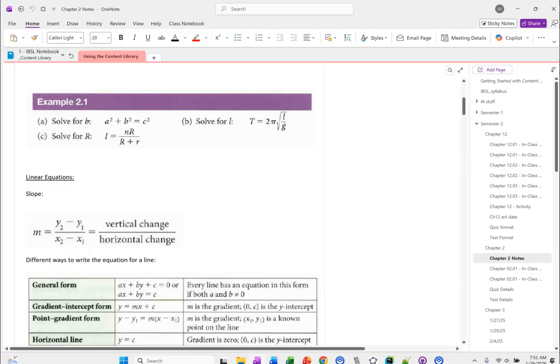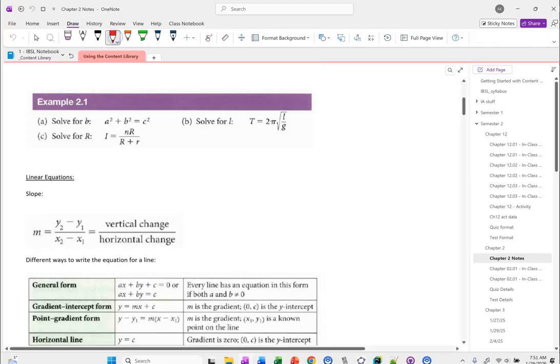So what if we're given an equation and asked to solve for a variable? In the first one, we have a squared plus b squared equals c squared. We want to solve for b. What do we do? Then what? Square root.